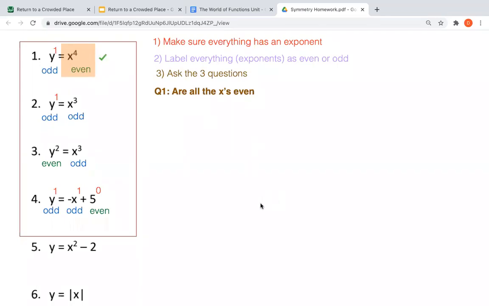Check. In number 2, x is odd, so that's a fail. Number 3, x is odd, so another fail. And number 4, x is odd, fail. So only number 1 has y-axis symmetry.